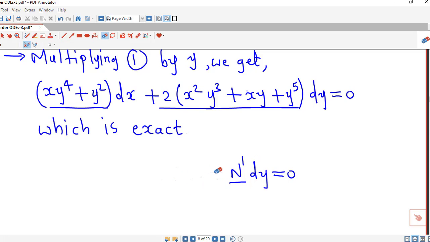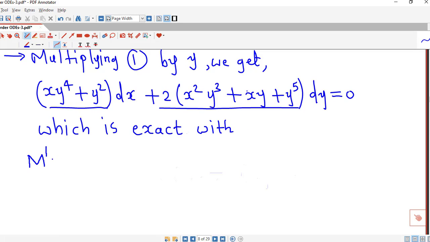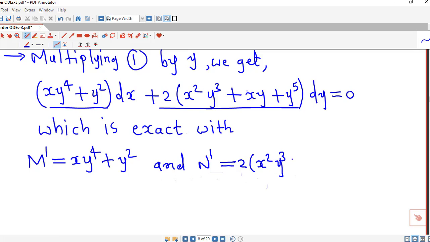So M dash equal to x y raised to 4 plus y square, and N dash equal to 2 times (x square y cube plus xy plus y raised to 5).